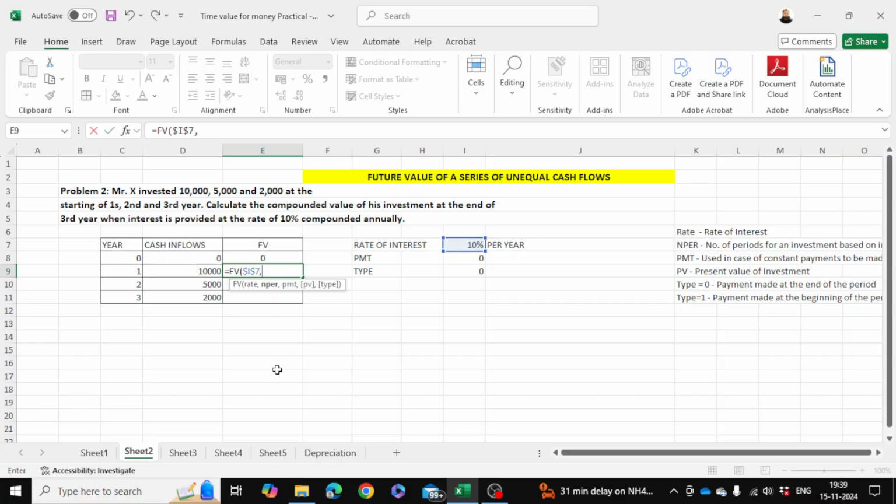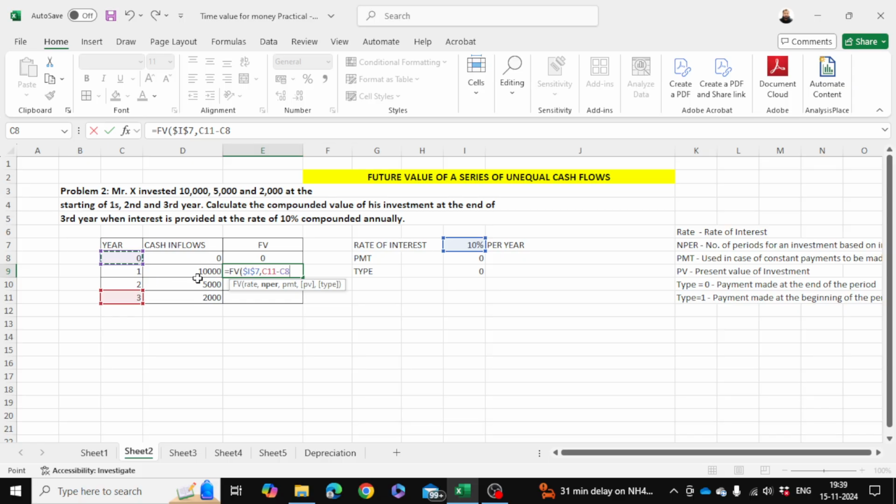Okay, then n period will be, this investment is for 3 years. So whatever the value is there minus this value. We have to make C11 constant because this 3 years will remain the same, right?